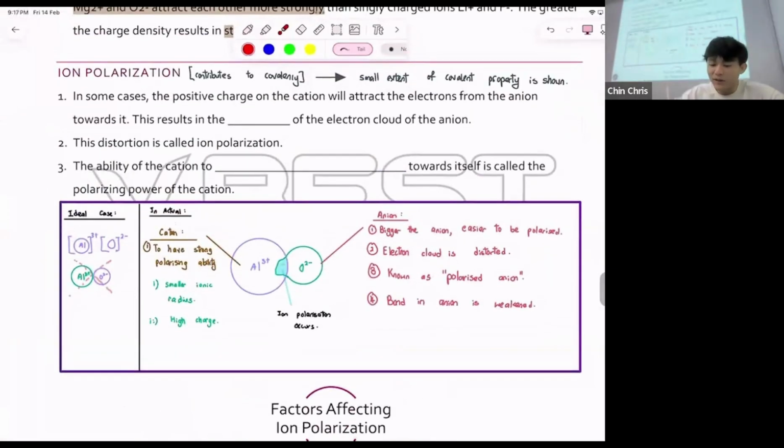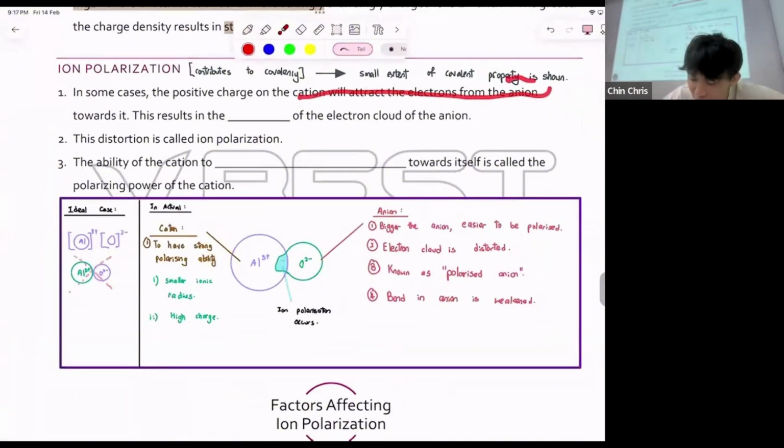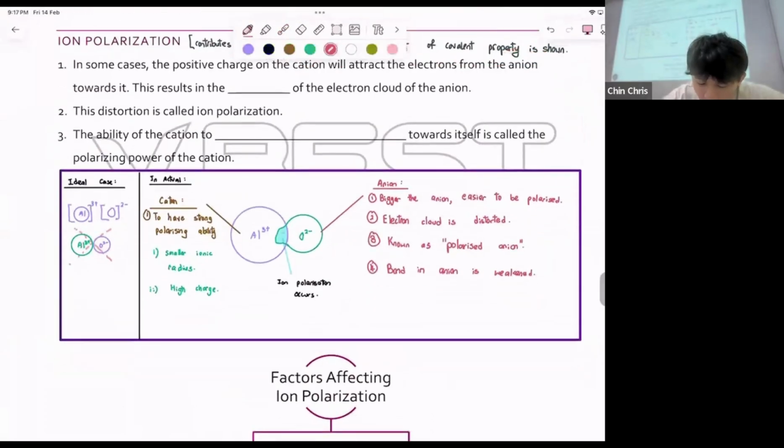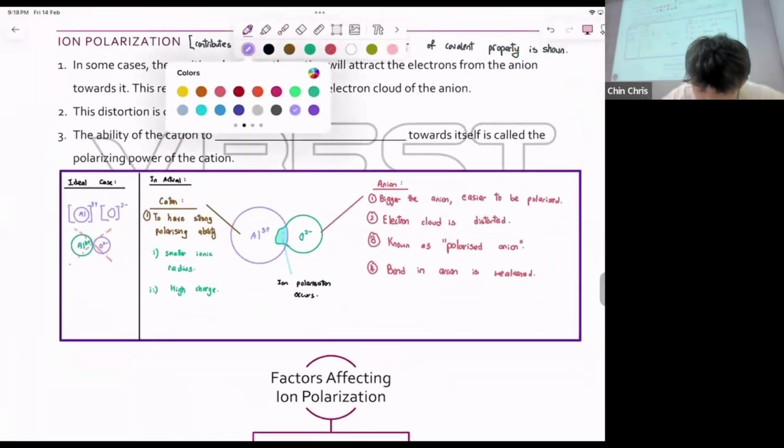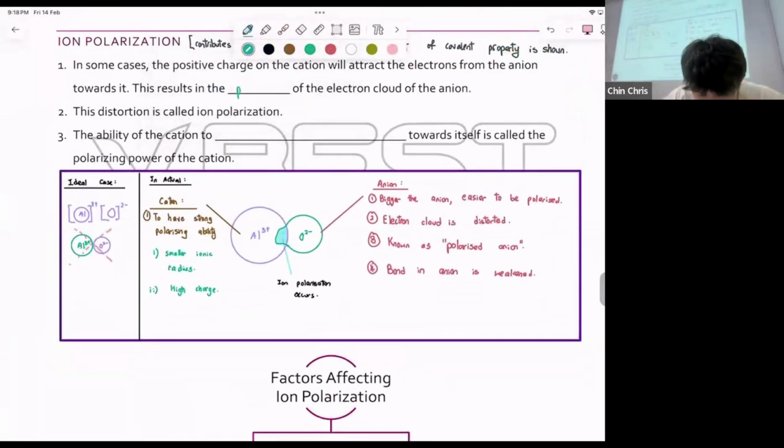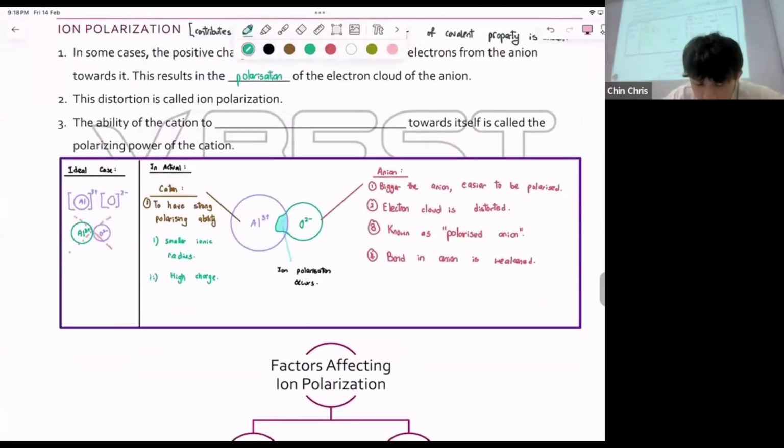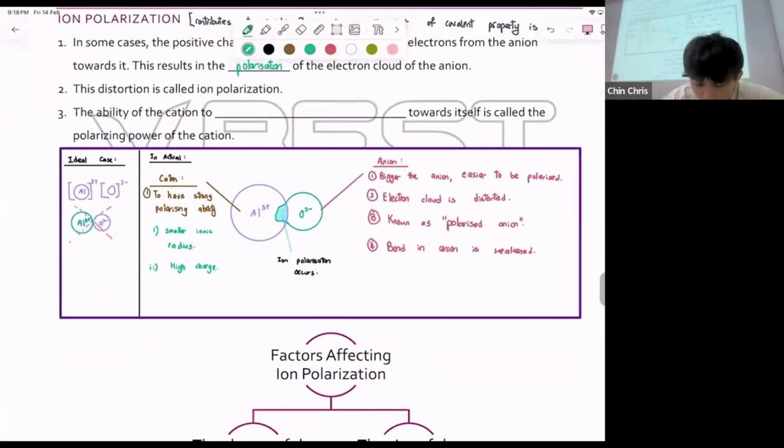All right, guys. In some cases, the positive charge on the cation will attract the electrons from the anion. So this results in the polarization of the anion electron cloud. The ability of the cation to pull the electrons towards itself is known as the polarizing power.